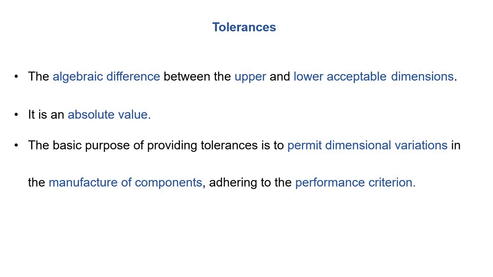The algebraic difference between the upper and lower acceptable dimensions is nothing but the tolerance. It is an absolute value. The basic purpose of providing tolerances is to permit dimensional variations in the manufacture of components, adhering to the performance criteria. Tolerances are given to the product so that it can function without affecting any features.